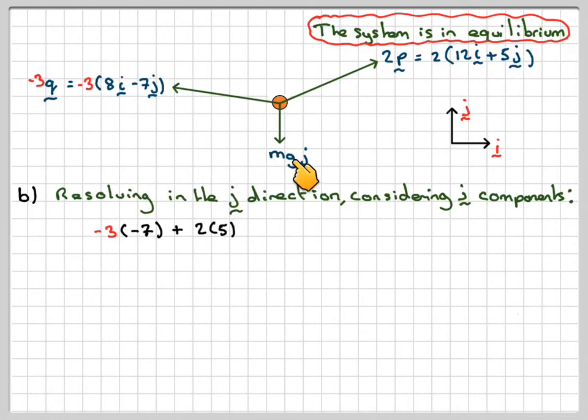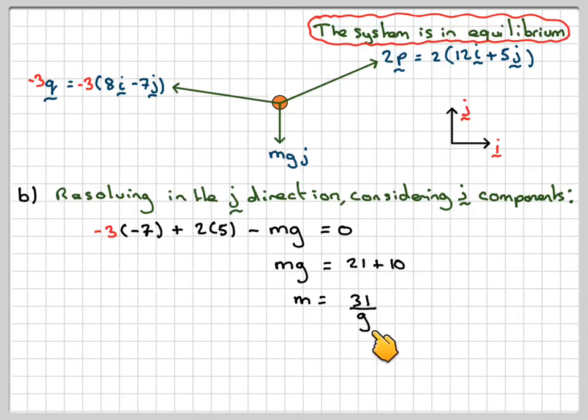And the weight will be acting against the j direction, so this will be minus mg, and that will be equal to 0, which means mg will have to be 21 plus 10, which means m will be 31 over g, and that gives me an answer of 3.163, which is 3.16 kilograms.